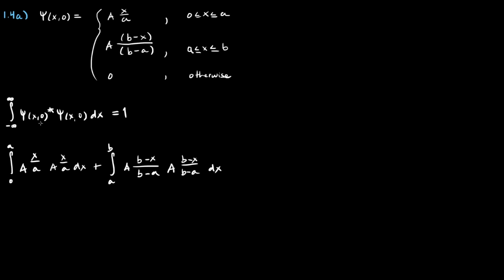And if you notice, the complex conjugate of the wave function is the same as just the normal wave function. So now all of this will be equal to this.